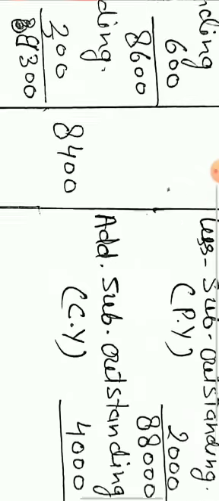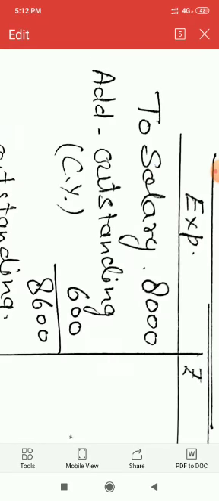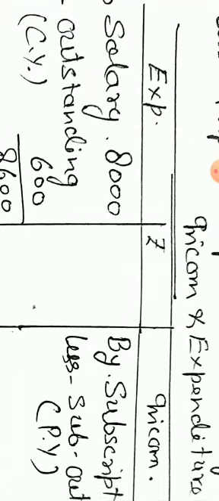This is the way we present outstanding expense and prepaid expense in the income and expenditure account. Now we are going to see how to present the consumable goods in the income and expenditure account.